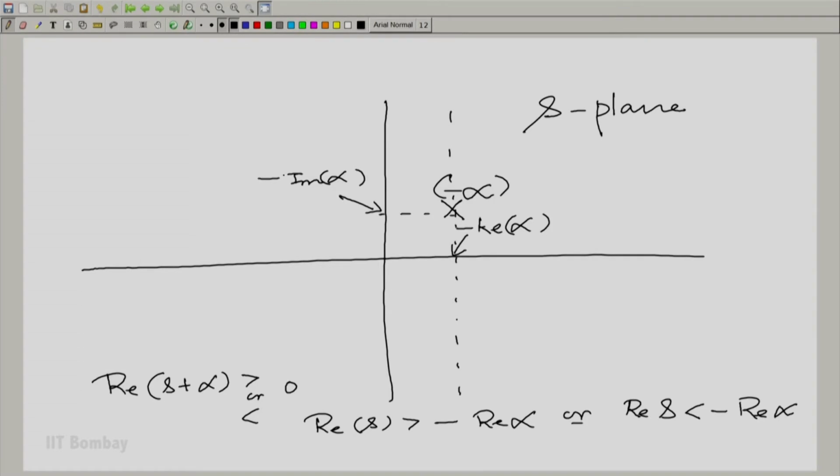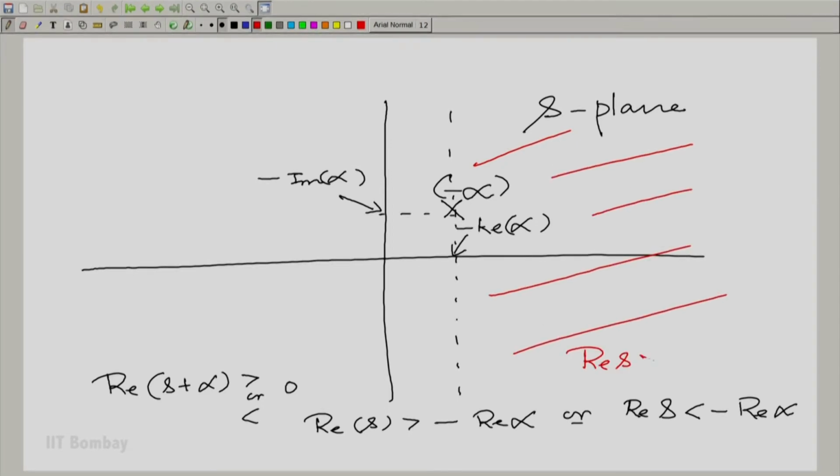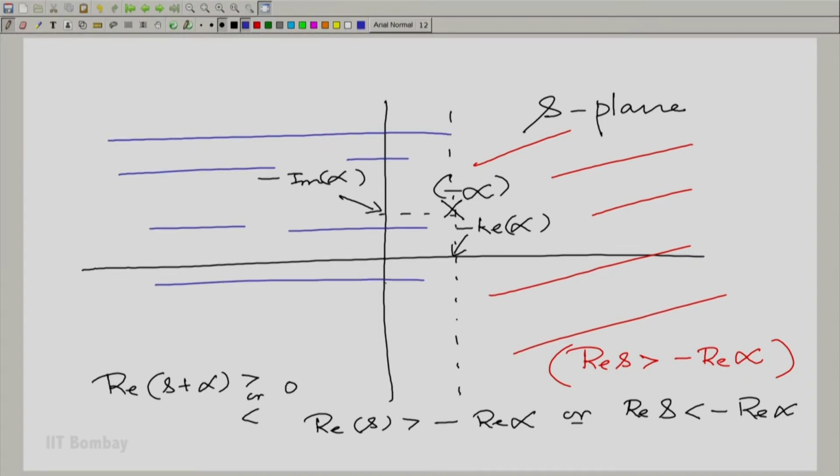So, based on this, you can now identify two clear regions. This region which I am shading in red here is real part of s greater than minus real part of alpha, or the region which I am now shading in blue, which is real part of s less than minus real part of alpha.